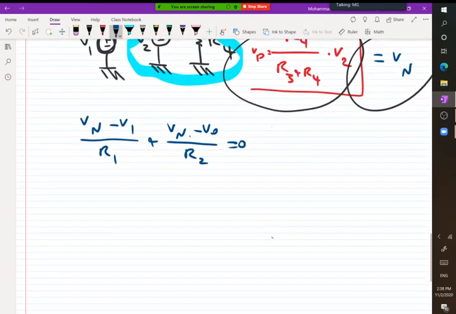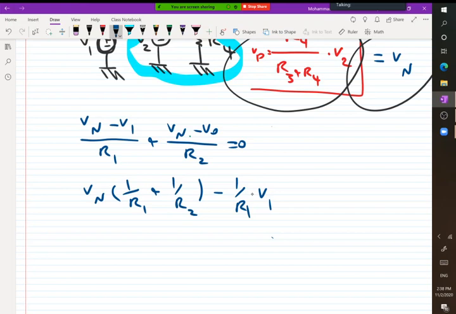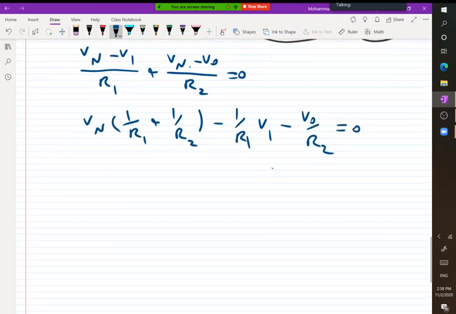Okay, and we factor out Vn times (1 over R1 plus 1 over R2), minus 1 over R1 V1, minus VO over R2 is equal to 0.